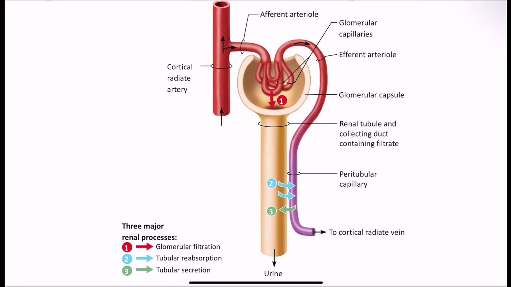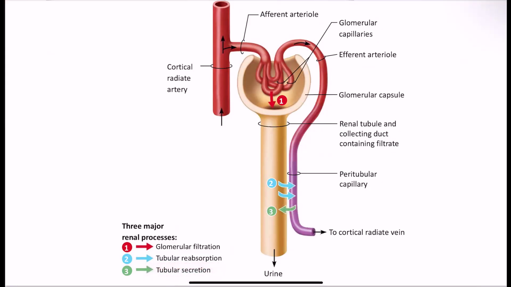A lot of substances in that filtrate don't just stay in there. A lot of them get reabsorbed back into the blood. That's called tubular reabsorption. So when stuff leaves the tubule back into the blood, that's reabsorption. But some of the stuff from the blood is pushed into the nephron as we move through those tubules. That process is called tubular secretion.